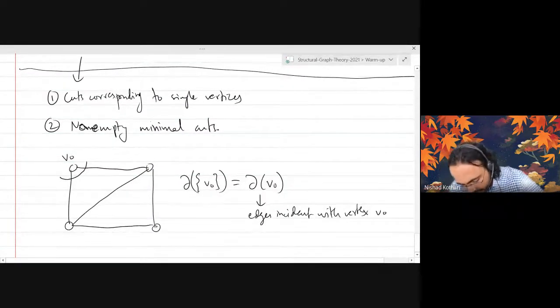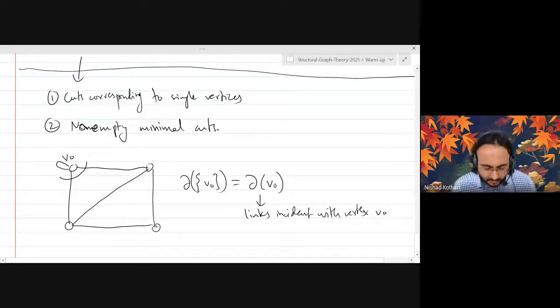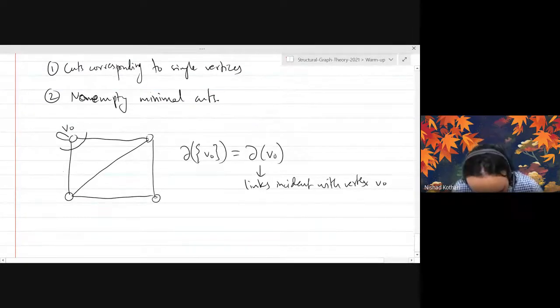Actually, I should not say edges, I should say links, because if there are loops, we will not take the loops. We want the other end to be outside of V0, right? So a loop will not be considered in the partial of V0. So partial of V0 is just these two edges.